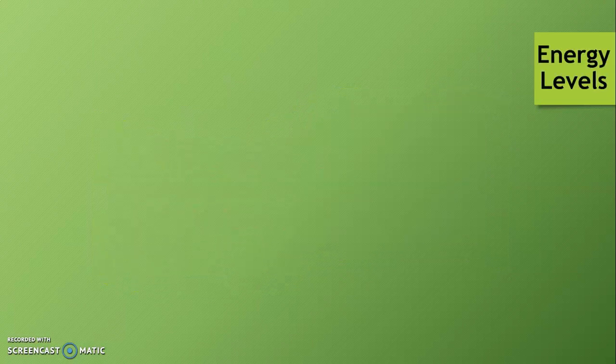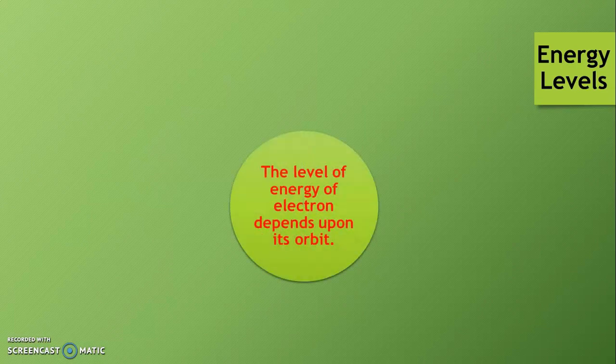We have different energy levels. The level of energy of an electron depends upon its orbit, whether electrons are in the first, second or third orbit. Accordingly, the electrons possess the energy.